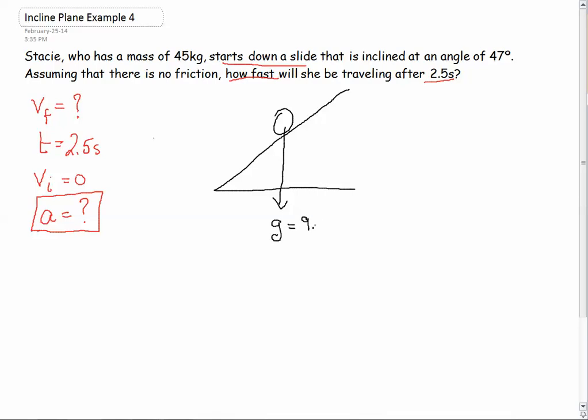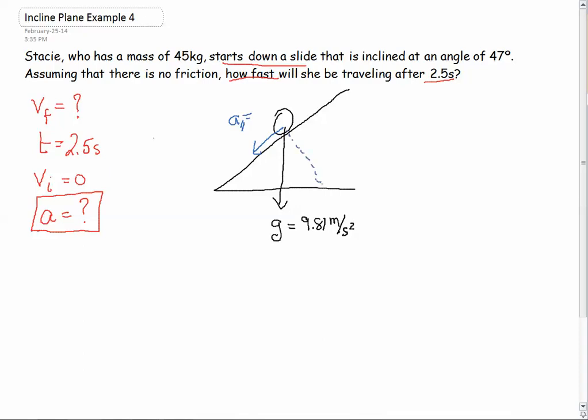So we know she has an acceleration due to gravity straight down of 9.81 meters per second squared. What we're looking to calculate is her acceleration down the incline. What is that acceleration? That's going to be the acceleration that's parallel to the surface of the slide, or parallel to the inclined plane.